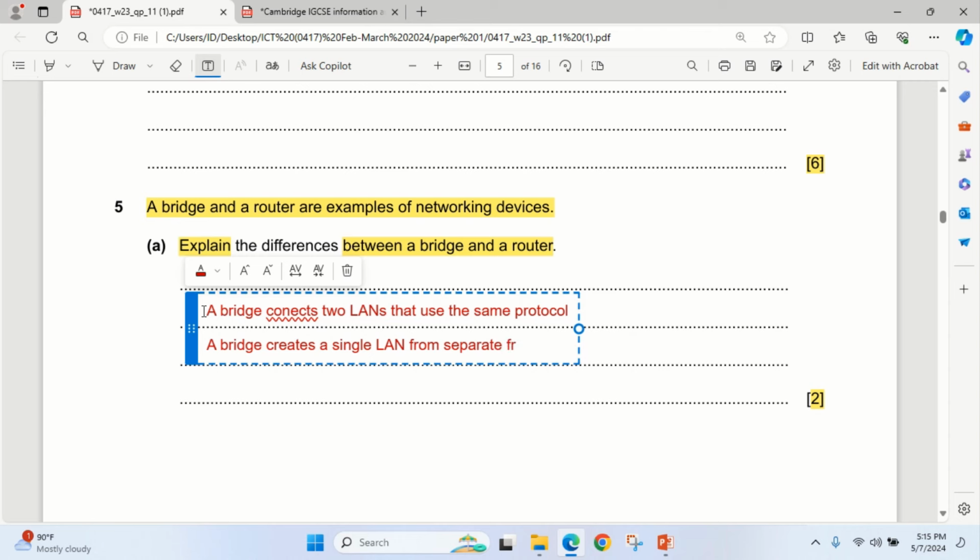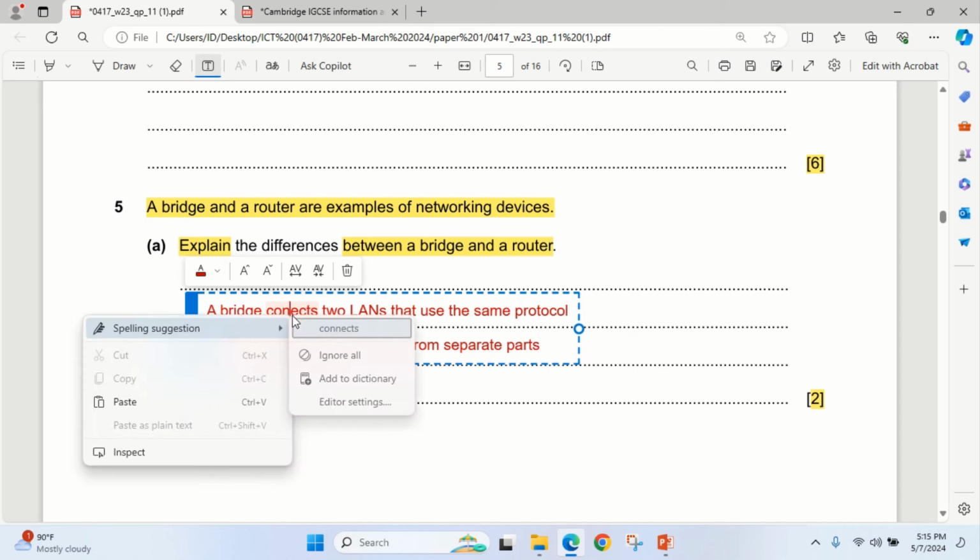So it means that a bridge connects two LANs together to form a single LAN. You understand that? A single LAN. So you will connect it and form a single LAN. So take note of that.